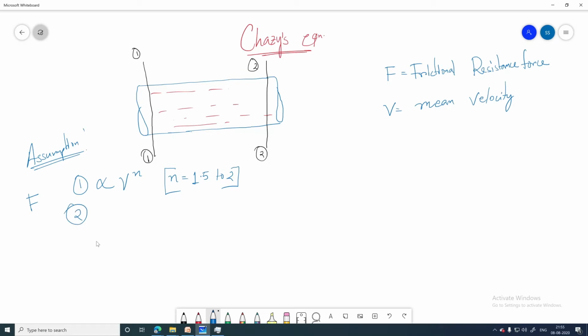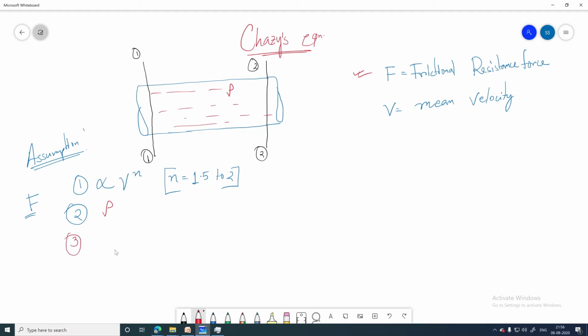Now the second assumption is that this F value, the frictional resistance force, depends on the density of the fluid. If we consider rho as the density, it depends on the density of the fluid. So if the density changes, the frictional resistance force will also change.